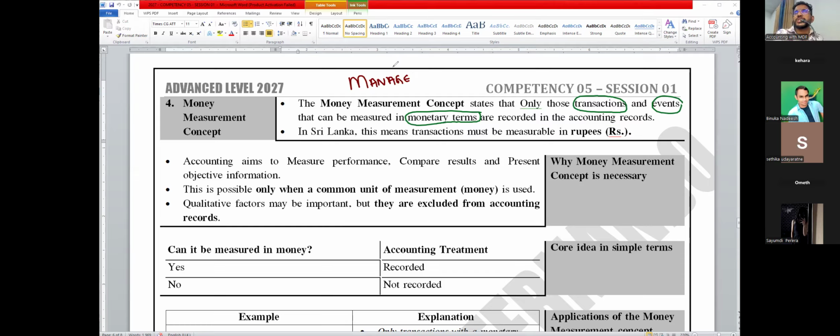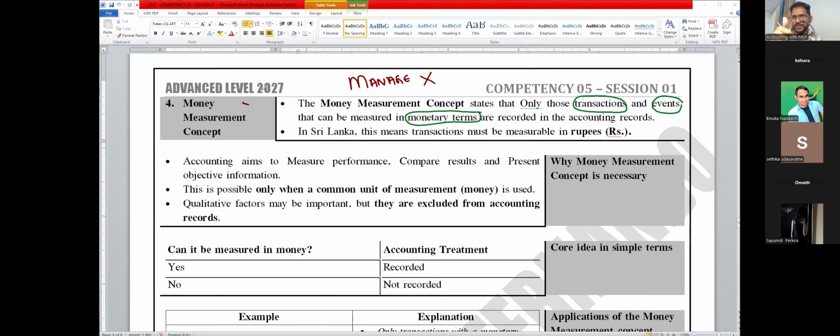Can we measure the experience in a monetary value? We can't. Therefore, the management skills, the experience of managers, experience of employees cannot be disclosed in financial statements. Why? Because of this concept, money measurement. It states only the transactions and events with a monetary value can be recorded in the accounts.